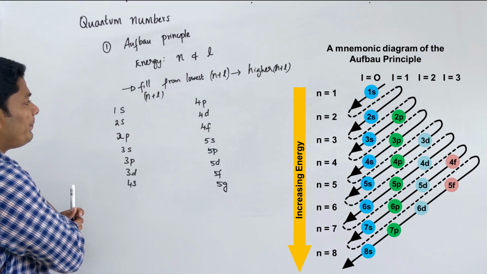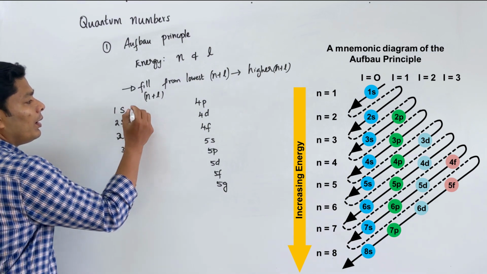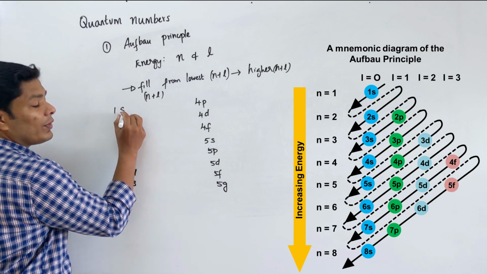Now let's look into it. What is n plus L? For the s orbital, n is 1 and L is 0.